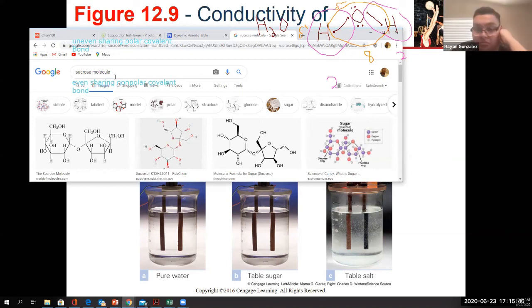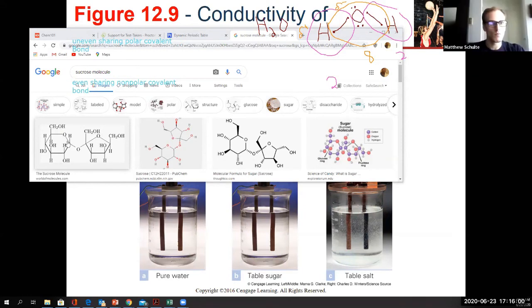Okay, this is a nice one that shows you where all the carbons and other atoms are located. These represent the bonds between that oxygen and a carbon here. The bond between oxygen and carbon is shared, so it's not easily broken. Because nothing is charged, it's not going to conduct electricity.